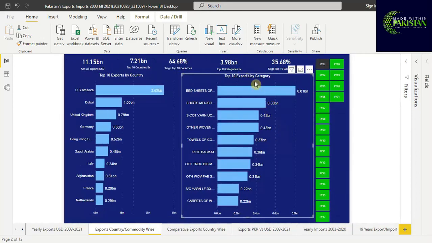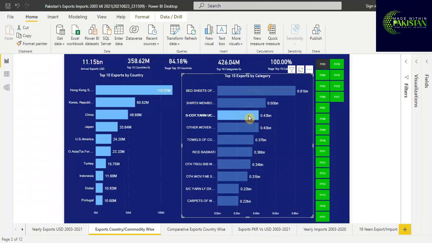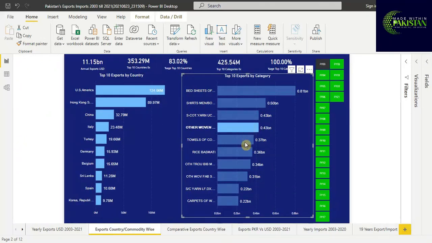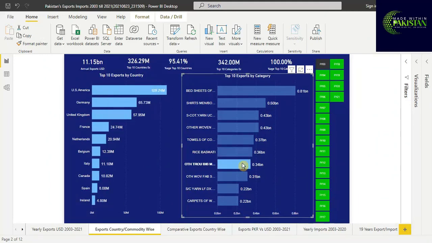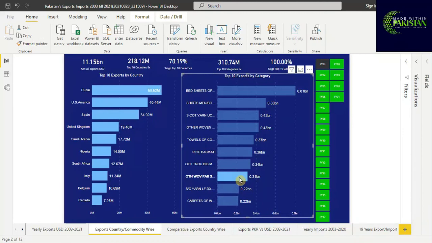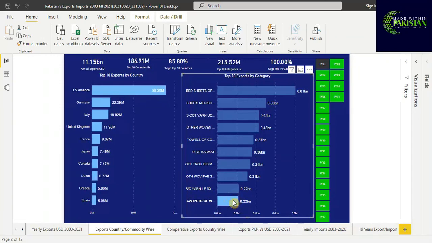If you see the percentages, for example, bed sheets 84%, shirts 96%, yarn 84, other woven 83, towels 81, rice basmati 76, 95, other woven 70.19, then yarn 87.68 and the carpets 85.